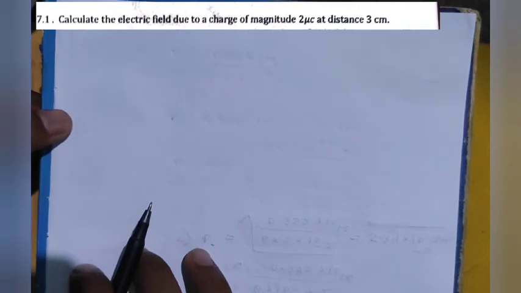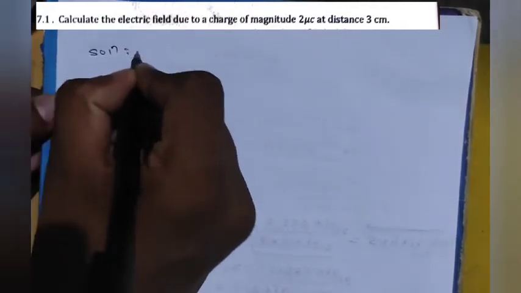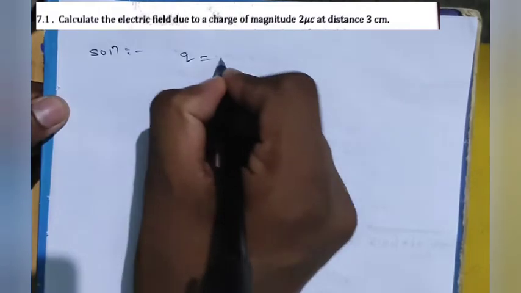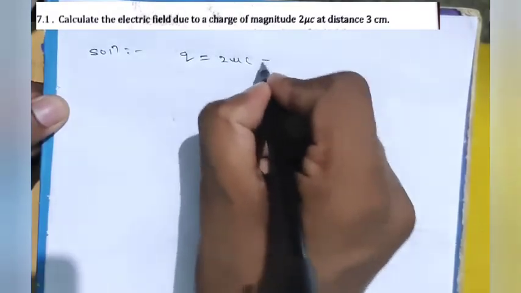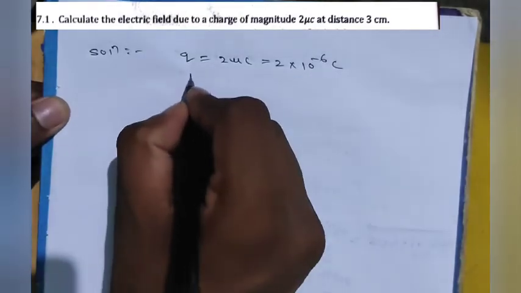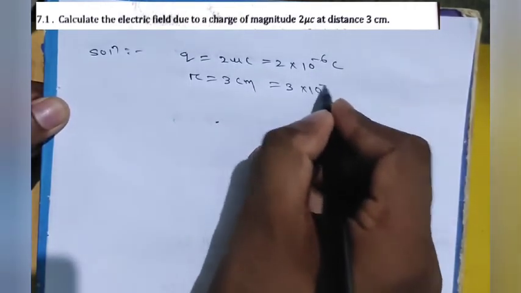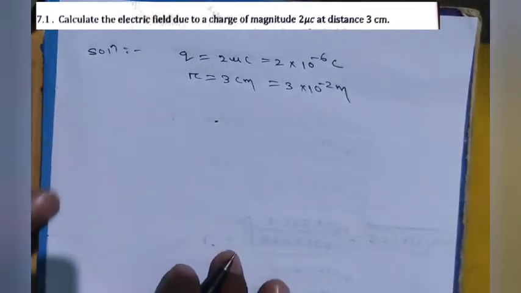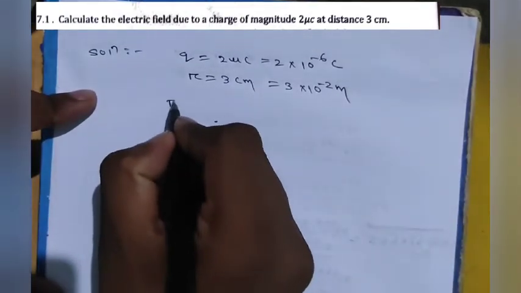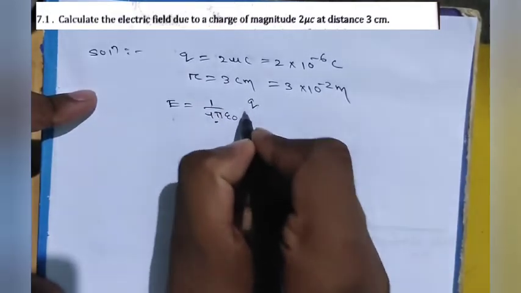So next question is, calculate the electric field due to a charge of magnitude 2 microcoulomb at a distance 3 cm. So solution. So given Q is how much? 2 microcoulomb. So it will be 2 into 10 to the power minus 6 coulomb, and distance r is given 3 centimeter, means 3 into 10 to the power minus 2 meter. We have to find the electric field. So electric field formula we know 1 by 4 pi epsilon naught q by r square.